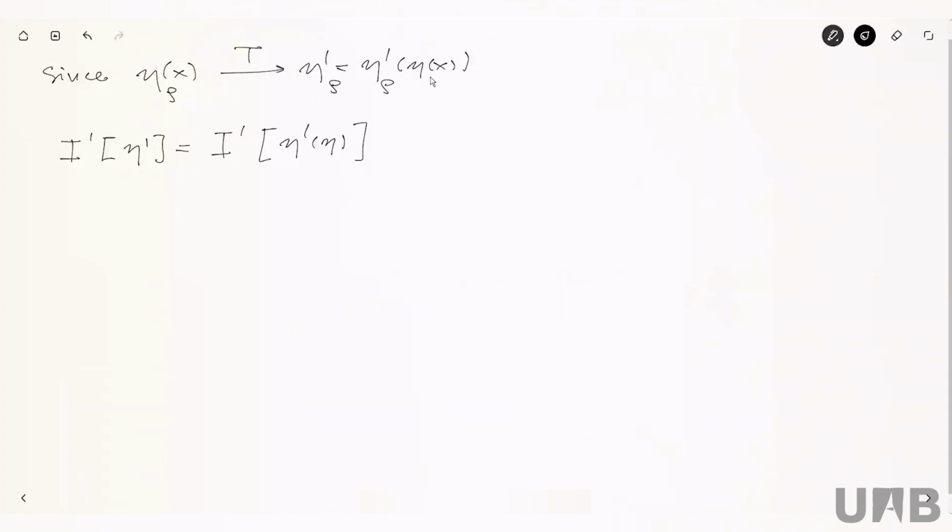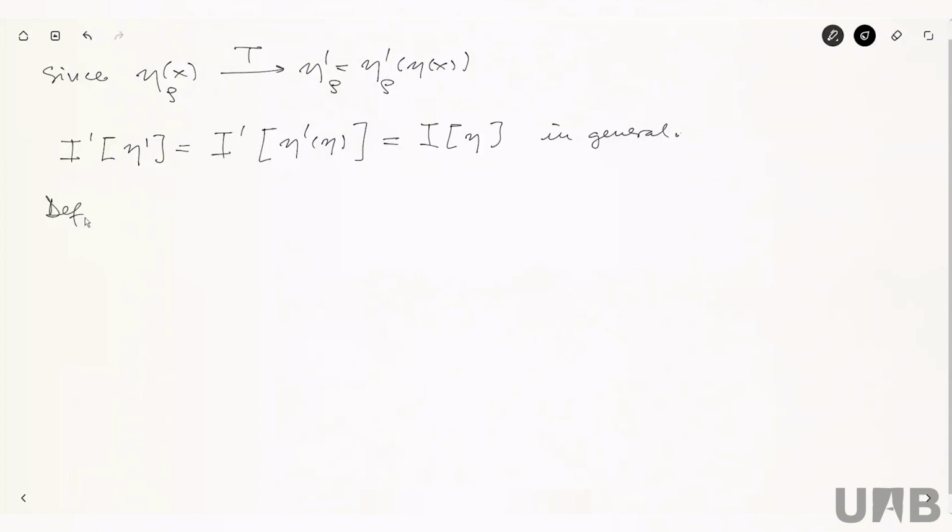Because the new field is a function of the old field. And so the action as a function of the old field, this dependence is different from this dependence. In general, that's what is going to happen. So what we are saying is that when we change variables, of course, the functional dependence in terms of the new variables is not going to be the same as the functional dependence in terms of the old variables. The functional is going to change, okay?